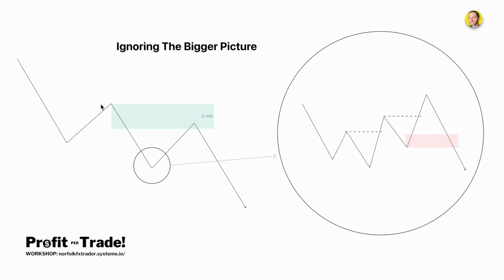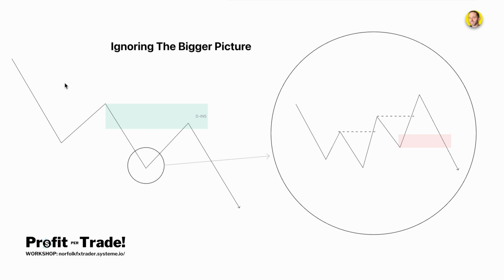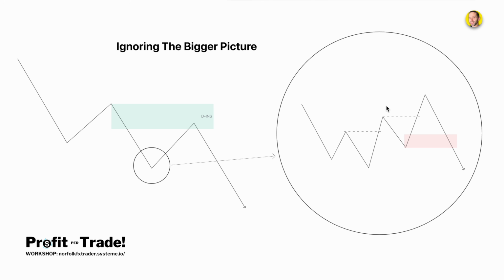So we have 2 sections in front of you. We have this area to the left, which let's look at this as a potential daily time frame. And the bit in the circle is looking at a reversal area, let's say a 4-hour or 1-hour time frame. Now you're potentially basing all your information off the lower time frame. You're not looking at the bigger picture, and you're looking to just trade that lower time frame, which is all good if you understand what's happening with the bigger picture now.